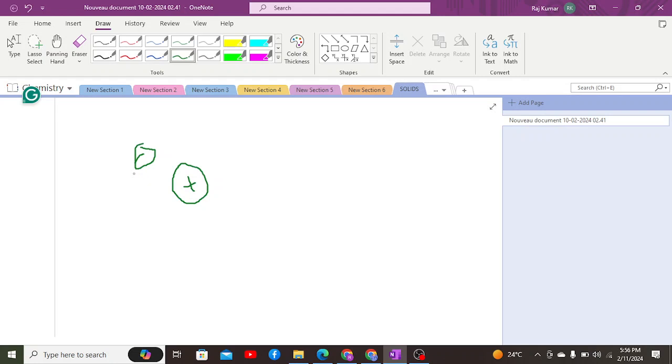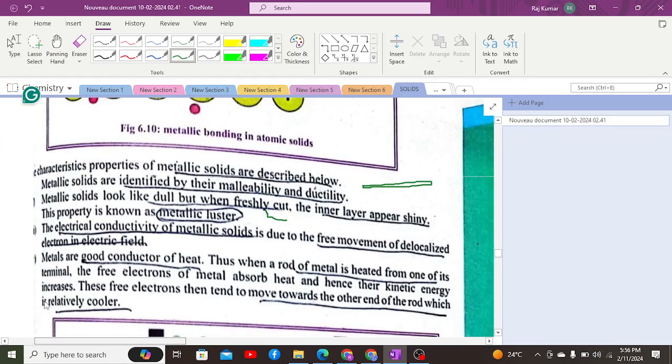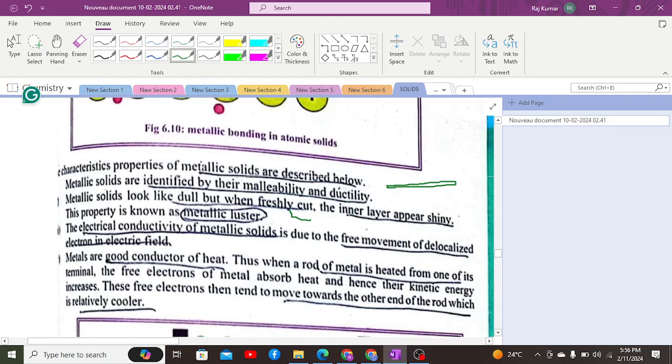So when we cut a fresh layer, that fresh layer has electrons which are highly energized, due to which they exhibit quanta, causing a shiny layer that makes them appear quite shiny. So this is the reason behind it.